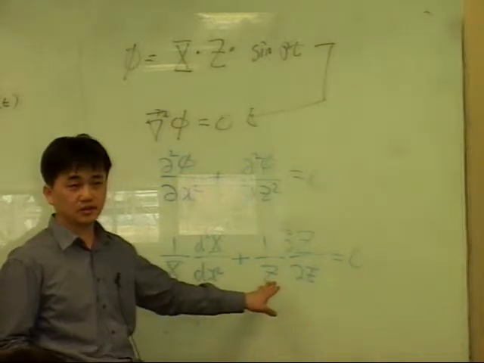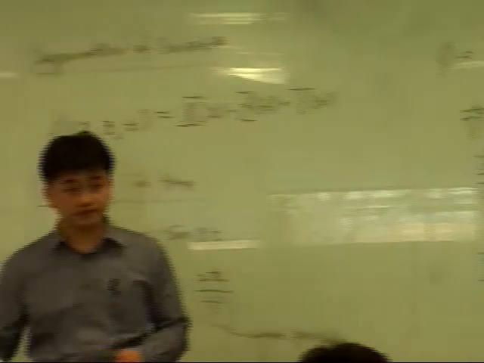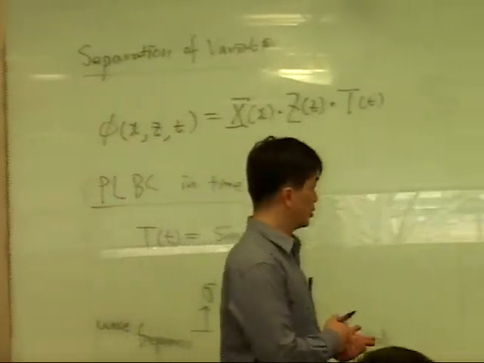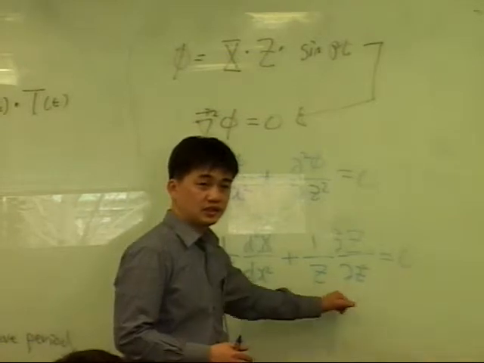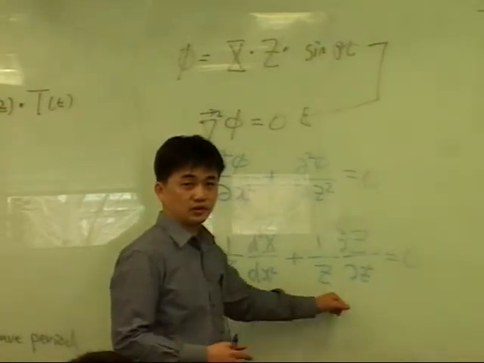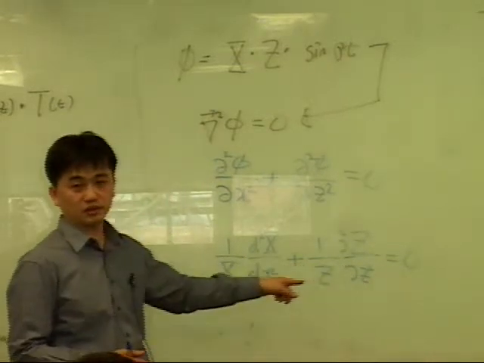The second term is only a function of g. Right? So to make the sum of these two terms become 0, there is only one condition.